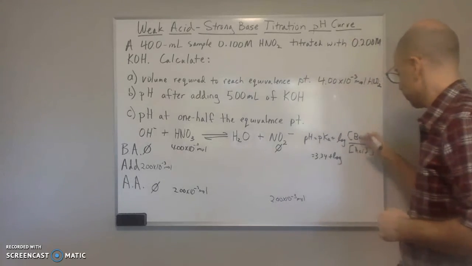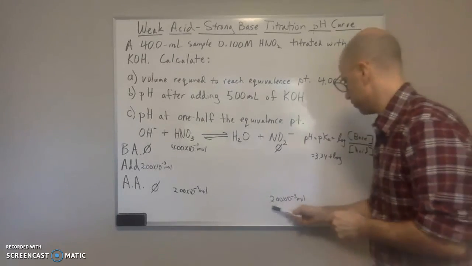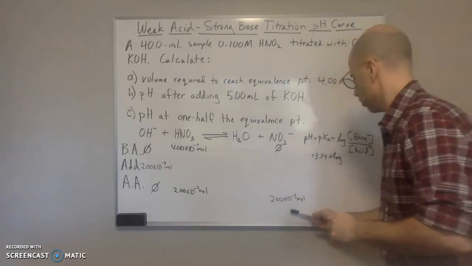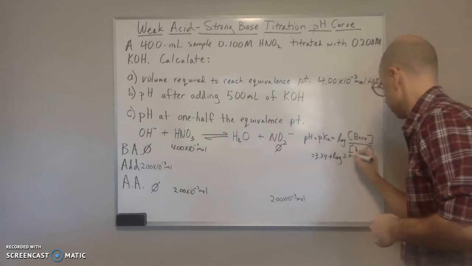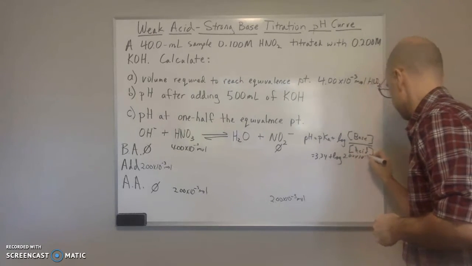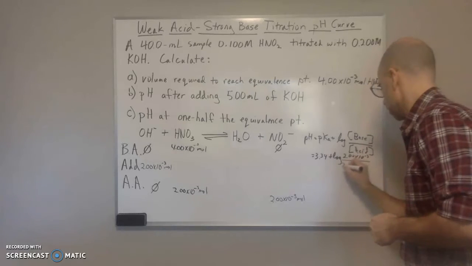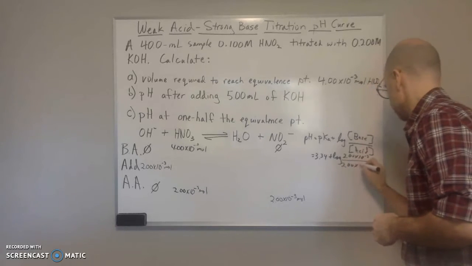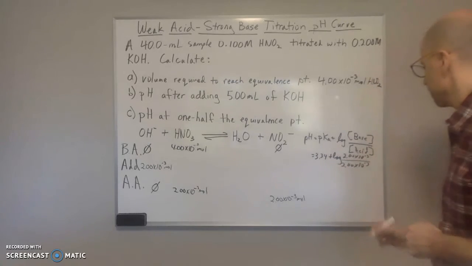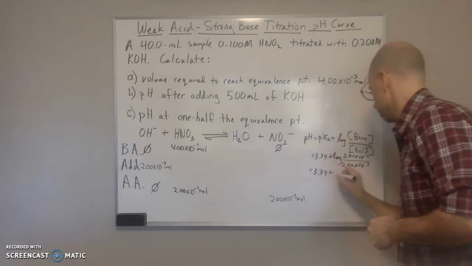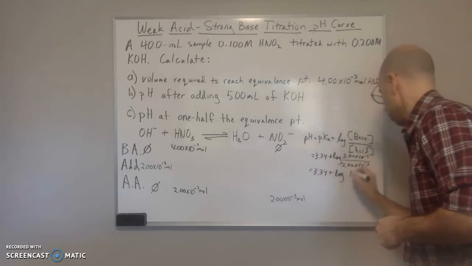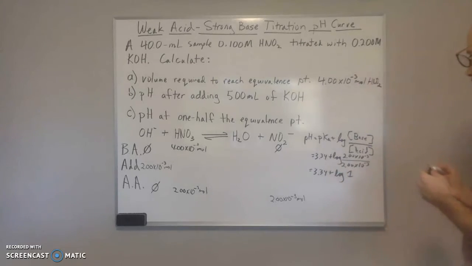And then the base over the acid. Well, this is the base, and they're equal. So the base over the acid is going to be 2.00 times 10 to the negative 3 moles over 2.00 times 10 to the negative 3. That's the same as 3.34 plus the log of 1, right? Because this is equal to 1.